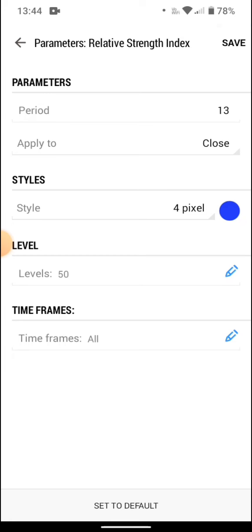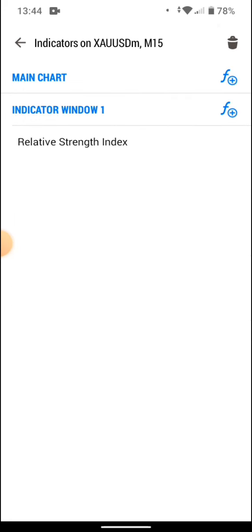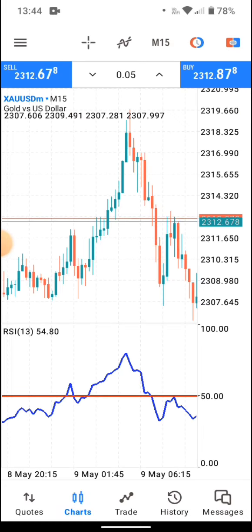Then after you press save, the relative strength index is going to be added here. So this is the first indicator we need for this strategy.